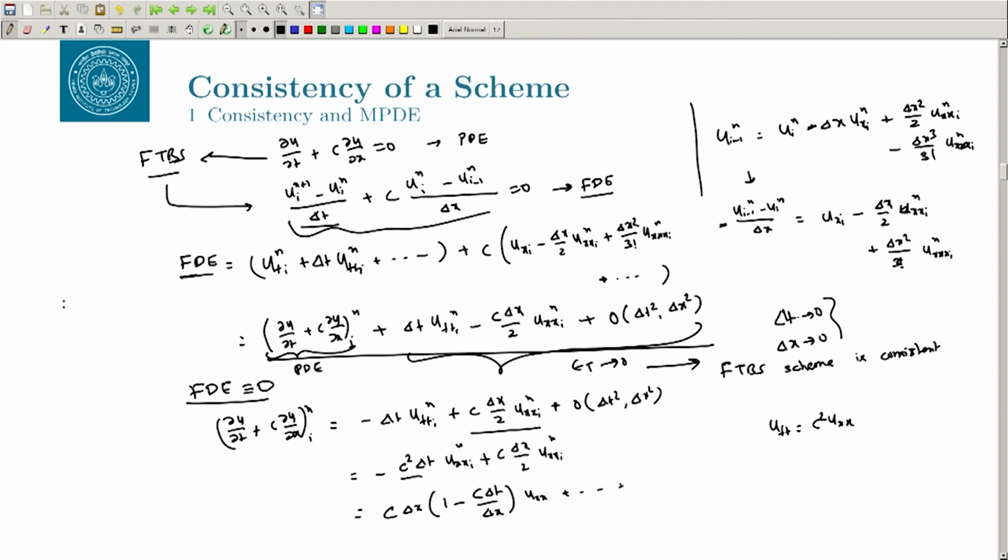So, that is what I want to get, but I am getting a delta x by 2 extra. So, let me just work this out, just give me a minute. So, mine is u_(i-1)^n, and so that will give you the delta x getting down, okay, and this is delta x by 2.